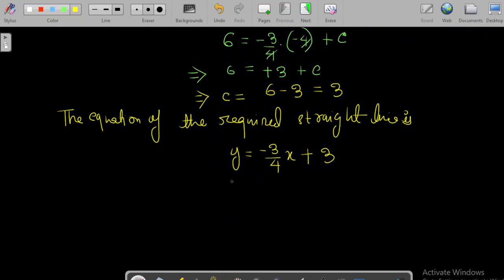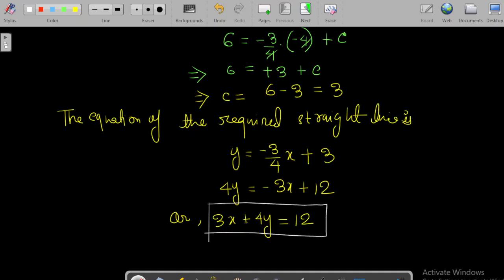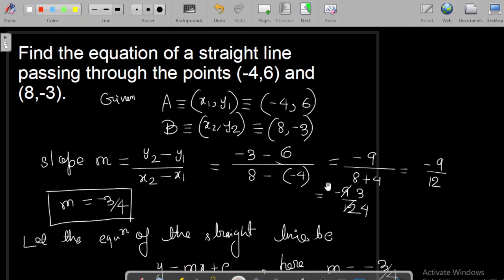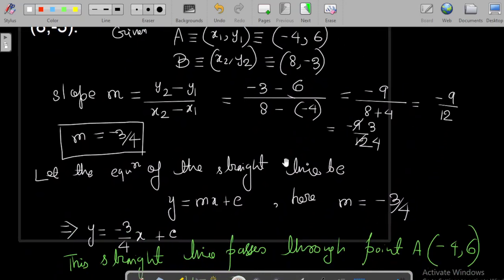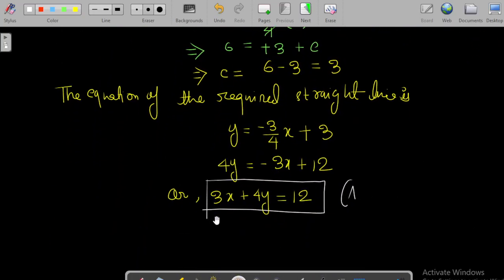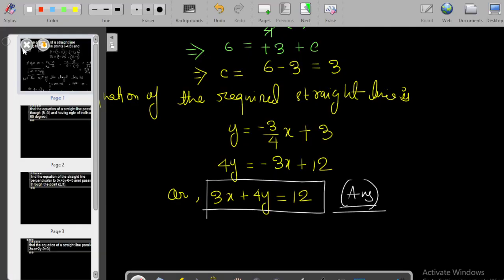So multiplying 4 on both sides, 4y equals -3x plus 12, or we can simplify it further to 3x plus 4y equals 12. So this is the equation of the straight line which passes through the points -4 comma 6 and 8 comma -3, and that gives our answer. The answer is 3x plus 4y equals 12. That is our answer. Well, let's move on to the next question.